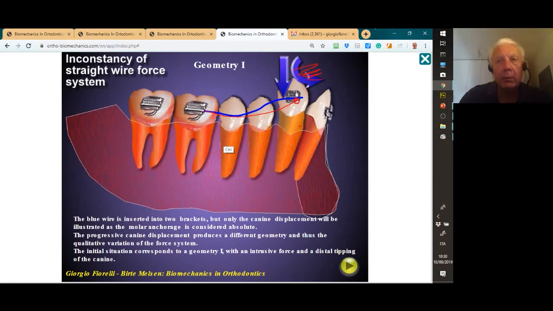Now this moment is not here anymore, and you start the intrusion of this tooth without this inconsistency of the movement, which should not be S-shaped but should be straight. And this is an advantage by a biological point of view, and it's also an advantage for what concerns the speed of the treatment, because going along the straight line is also a shortest path.